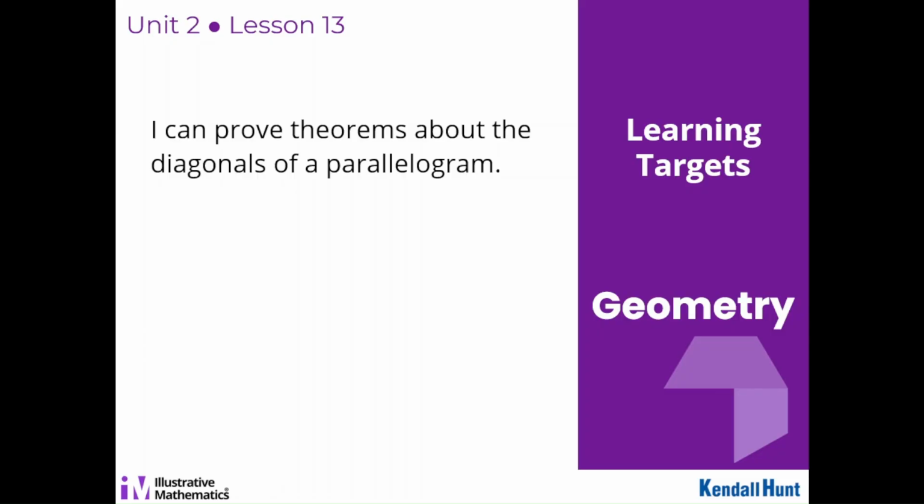So this is kind of what we're talking about here, that you're able to look at the different parts of a parallelogram, look at how the diagonals relate to different parts, identify when these diagonals are congruent, or when they help you prove that the angles they create are congruent, which then help you prove that sides are parallel. This is all wrapped up into proving theorems about the diagonals of a parallelogram.